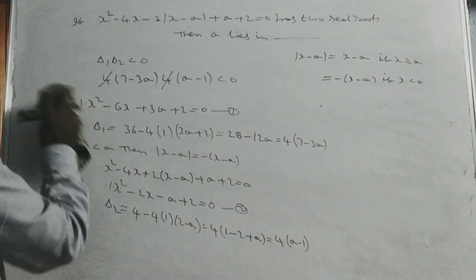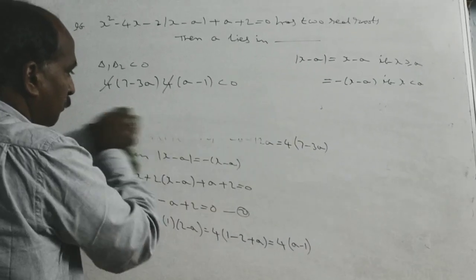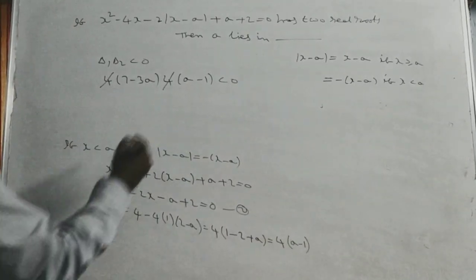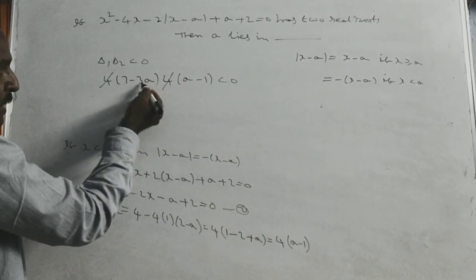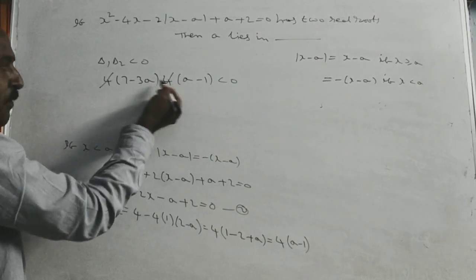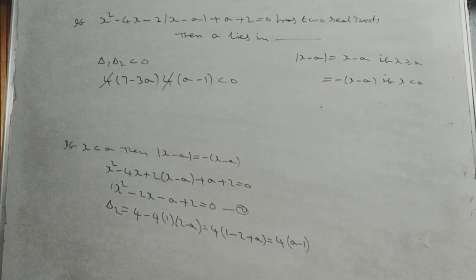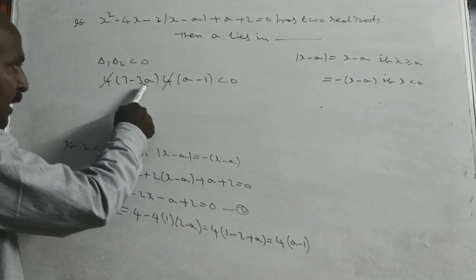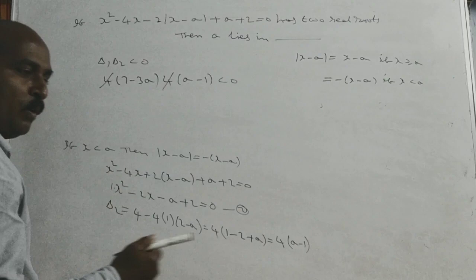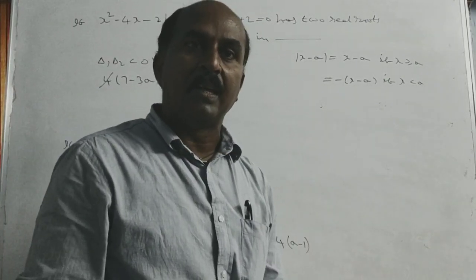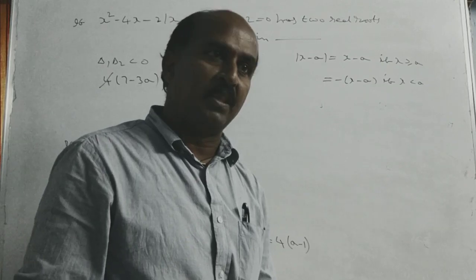Next, here the coefficient of a² is −3a into a, −3a², so the coefficient of a² is negative and the given expression is negative. So a does not lie between the roots. We know that if ax² + bx + c and a have the same sign, then x does not lie between the roots.